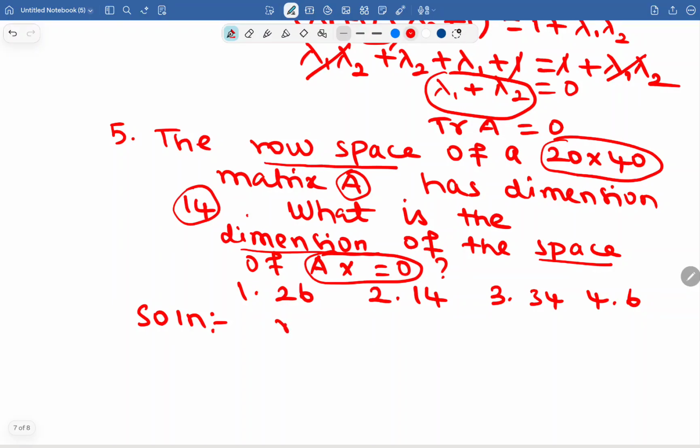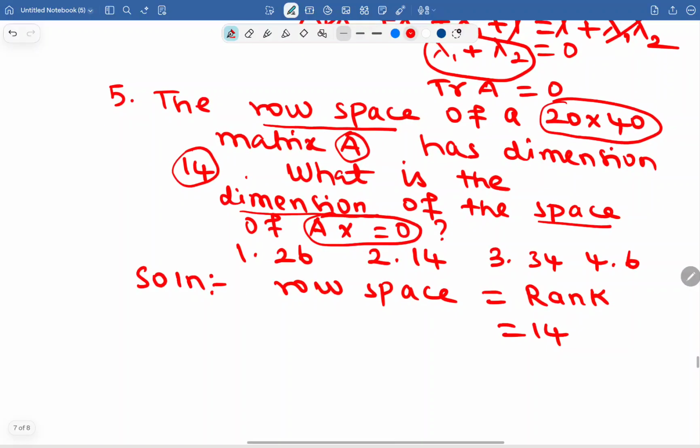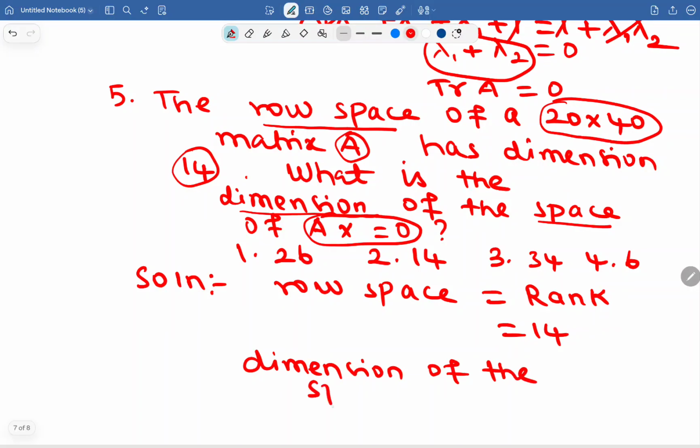What is given? Row space is nothing but rank. Rank is given as 14. We have to find the dimension of the space of AX equal to 0. This is nothing but nullity.